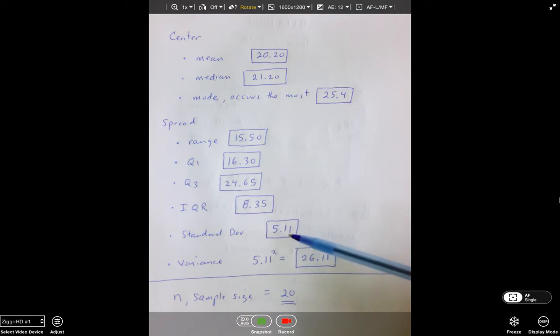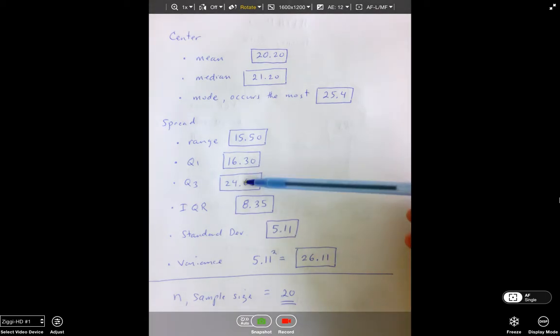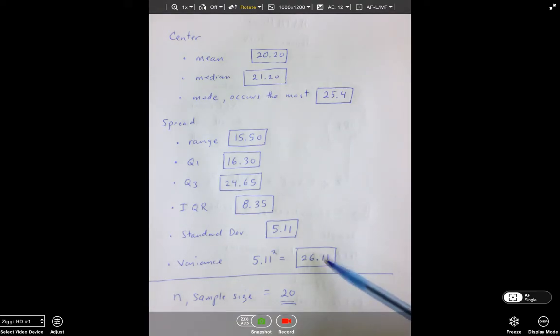Quartiles are a measure of spread centered around the median. Standard deviation and variance are measures of spread centered around the mean. So we'll talk about that more in about the next minute. So these two again, 5.11 and 26.11, are measures of spread that are centered around the mean.